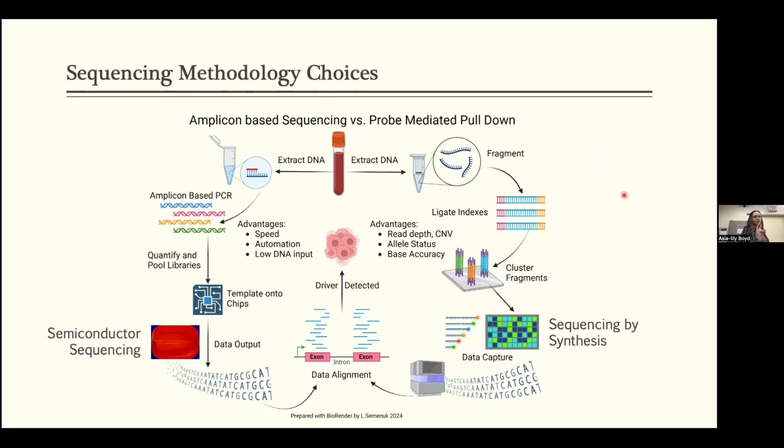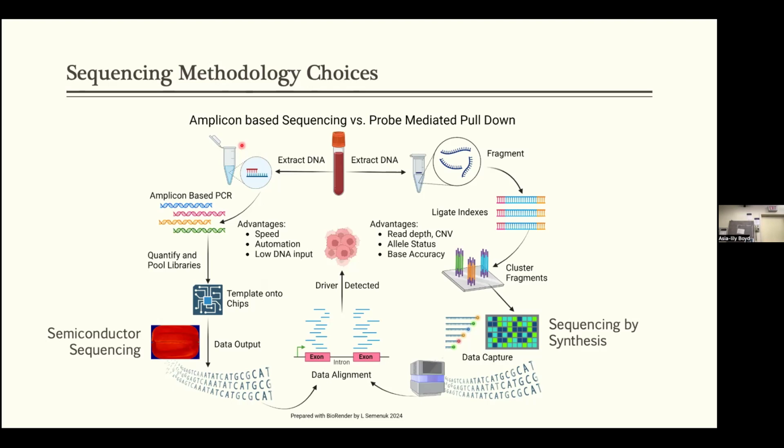The 2 I'm talking about here are amplicon-based sequencing, which is on the left-hand side, and probe-mediated pull-down. Amplicon-based sequencing is where we extract the DNA, and we design a set of primers that are specific to the genes of interest that we want to interrogate. We amplify up that DNA with those primers. We then have various steps that occur to do the ligation of the indices and quantify those libraries.